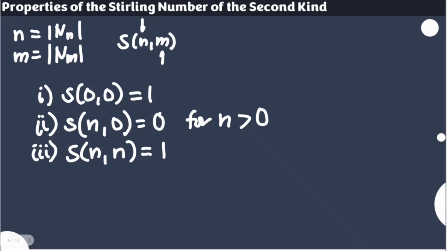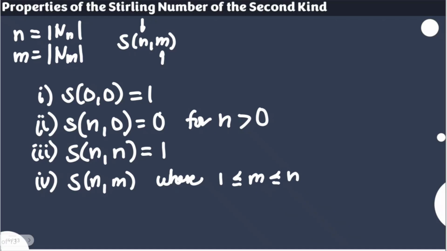Now let's talk about the fourth. Say for example, n and m, where the number of boxes is between 1 and n, meaning n is greater than or equal to m, but of course m cannot be equal to 0 because it will fit the first two ideas.